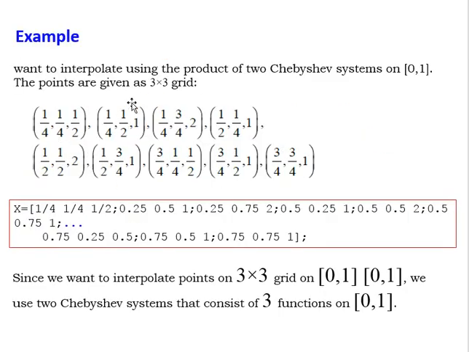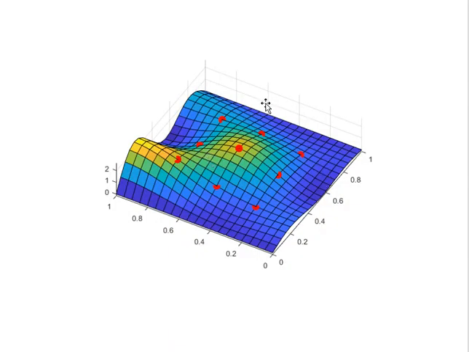Here are the grid of our points on this surface in this figure window. Here is the interpolation surface, and the red dots are the interpolation points.